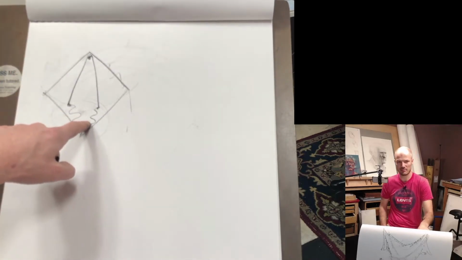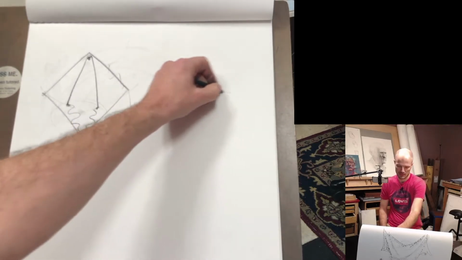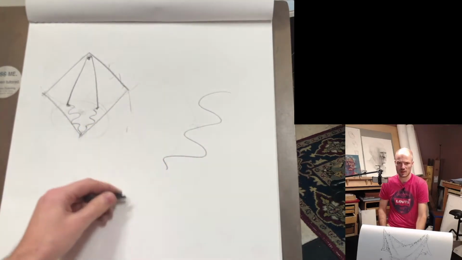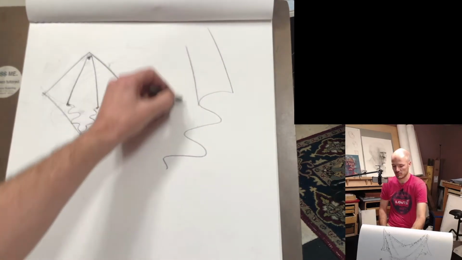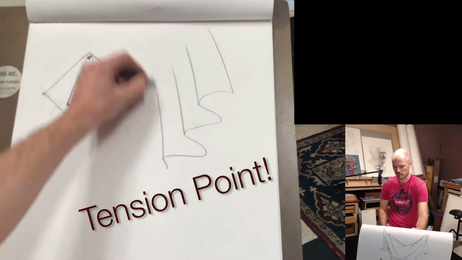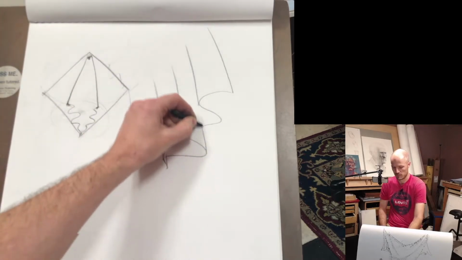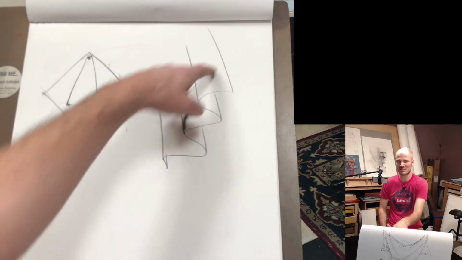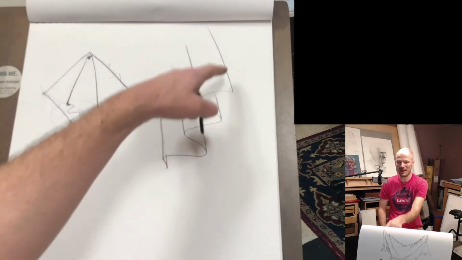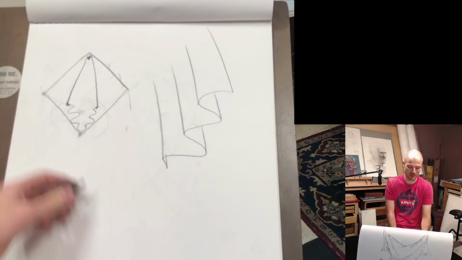So if I'm going to blow this up, each of those edges now goes back to the vanishing point. You can see that's feeling kind of like fabric. This is a real basic version, but you could imagine this being the bottom edge of some fabric somewhere.